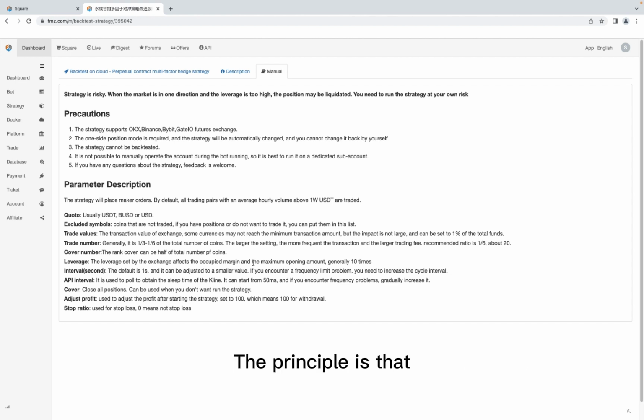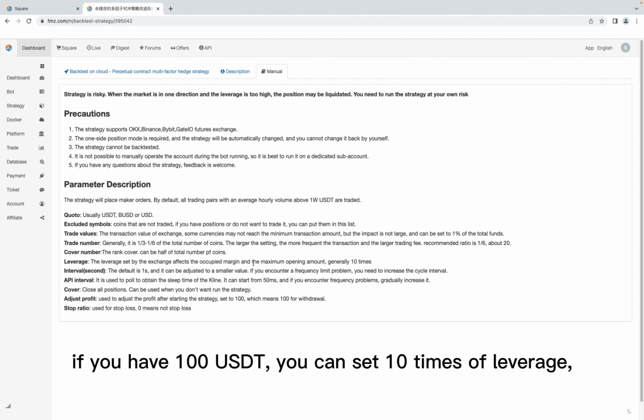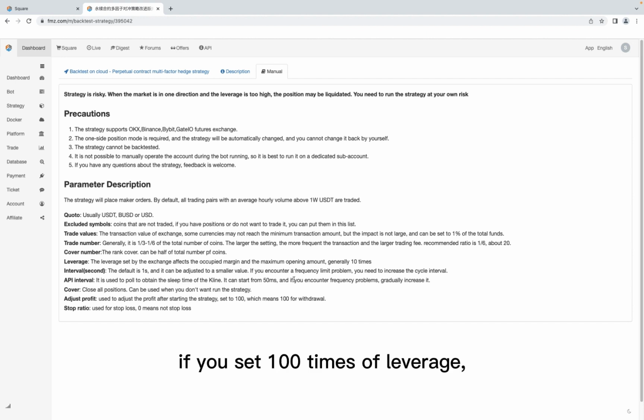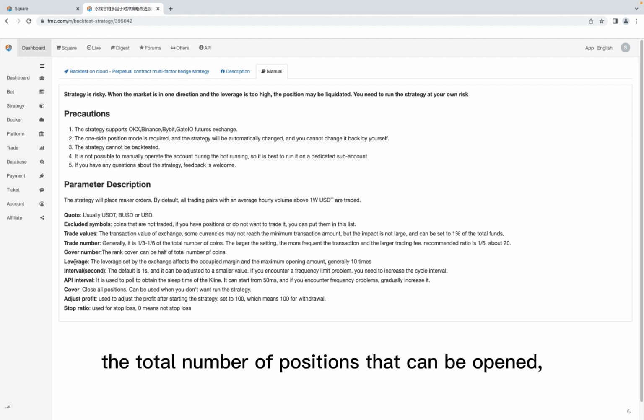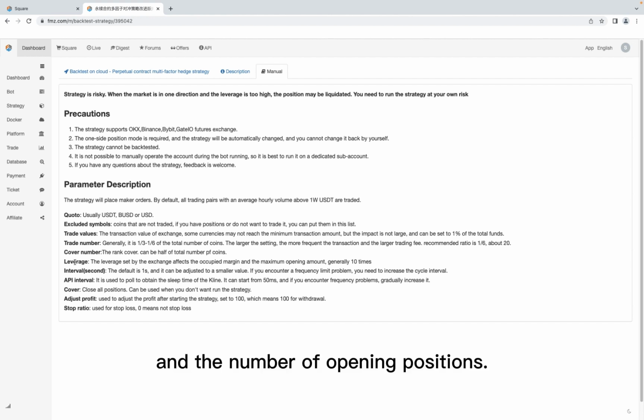The principle is that if you have 100 USDT, you can set 10 times leverage. If you set 100 times leverage, you can open more positions. In fact, it only affects the amount of margin used when opening positions, the total number of positions that can be opened, and the number of opening positions.